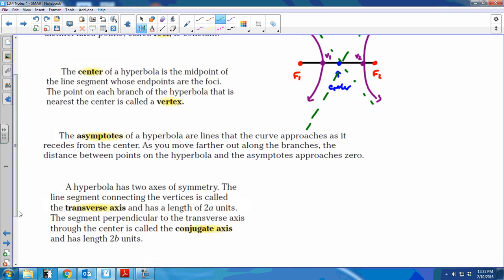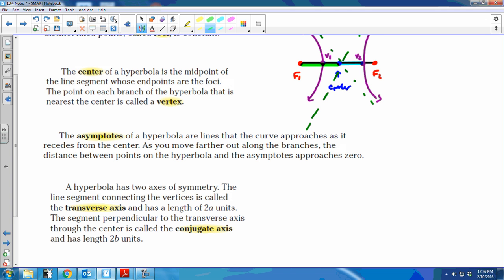And the hyperbola has two axes of symmetry, just like an ellipse. You have the transverse axis. It's from vertex to vertex. It has a length of 2a. That means A is still the same here. A is from the center to a vertex. C is from the center to a focus. So C would be this distance right here.